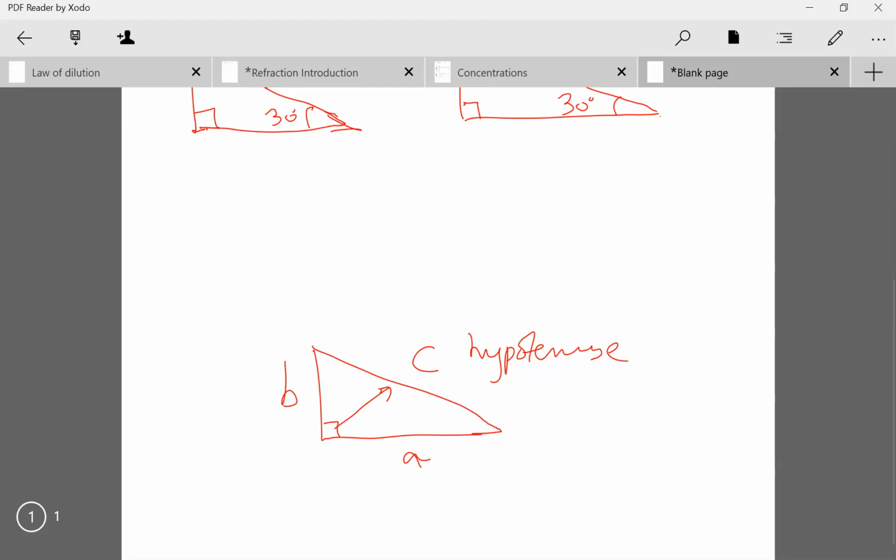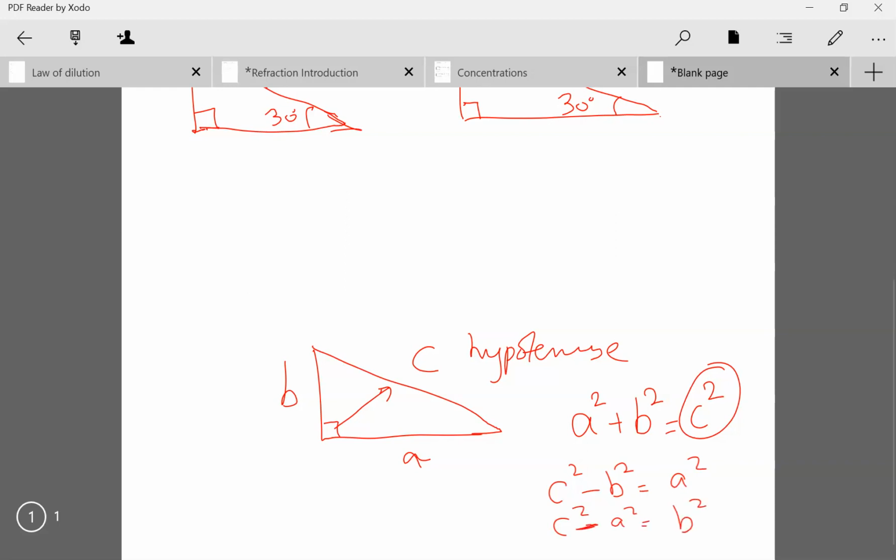What I know in a right angle triangle is that a squared plus b squared equals c squared. If I want to calculate c, the hypotenuse, that's the formula. If I wanted to calculate a or b, I would do c squared minus b squared equals a squared, or c squared minus a squared equals b squared.